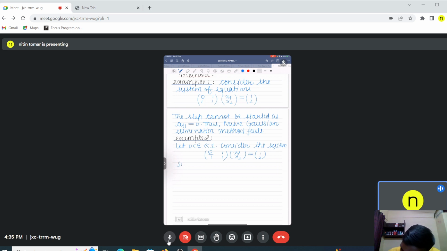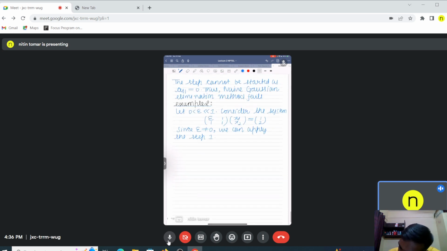Now since epsilon is not 0, we can apply step 1, right? Yes. So after step 1, what will we get? We'll get epsilon, 1, epsilon inverse, then 0, 1 minus epsilon inverse, and 2 minus epsilon inverse. Am I correct? Yes, sir. And the backward substitution, what will it imply?